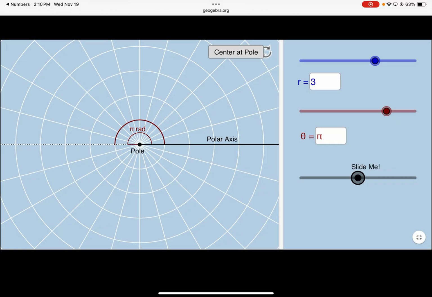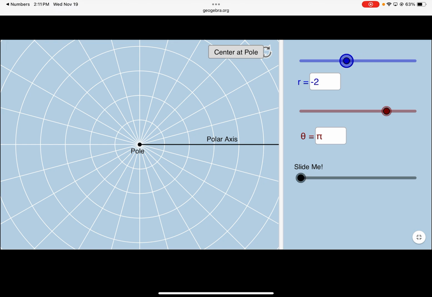And then off the terminal side from the pole, I'm going to move 1, 2, 3 units. Okay, and I would place the point there. Notice that point, it's on the circle there. That would be a circle of radius 3. R is 3.